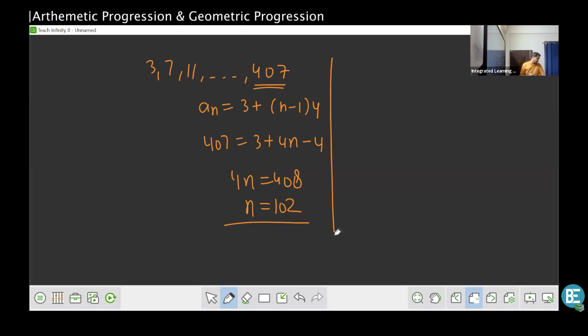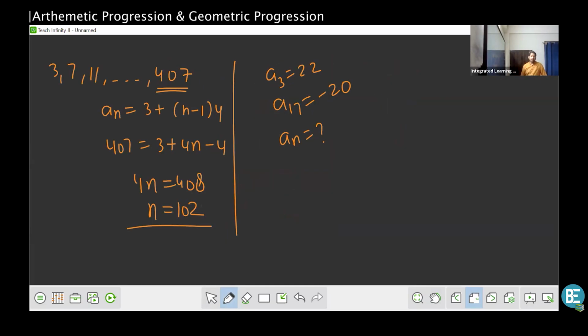Find the nth term of AP whose third term is 22 and 17th term is minus 20. You need to find the nth term of this AP. Again, keep in mind, you don't need to find the value of n. Just make a formula which gives us an, the nth term of the AP.